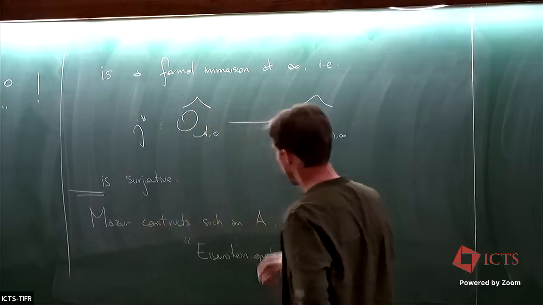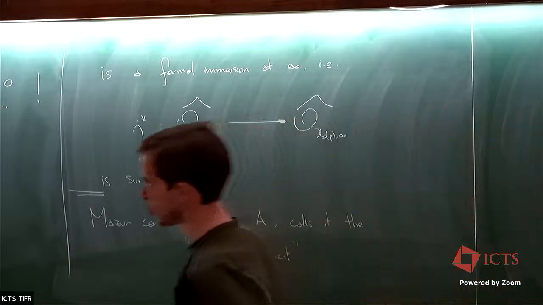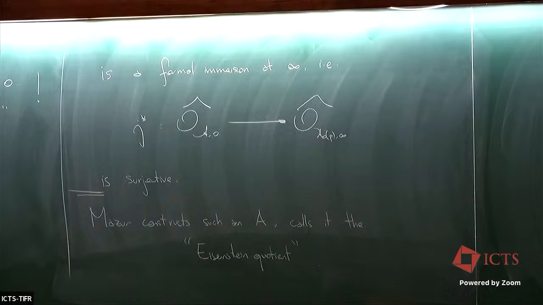It's a quotient that comes from a certain ideal in the Hecke algebra that essentially measures all the Eisenstein congruences. So T_P minus P plus 1 are operators that span this ideal.